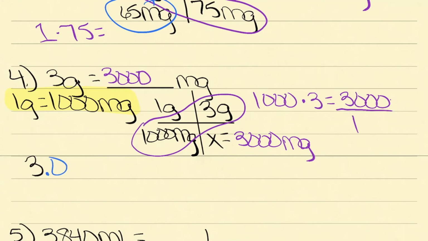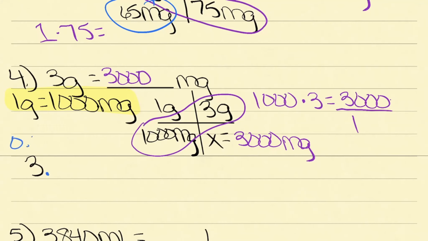I'll just say the imaginary decimal point behind the 3. So I'm going from 3, and then it says 1 gram is equal to 1,000 milligrams. So it's talking about the thousandth place for the decimal.